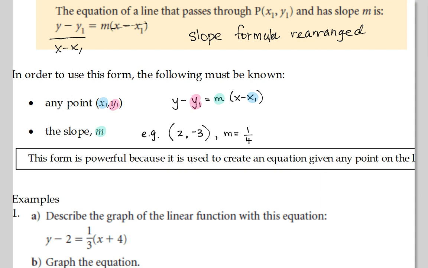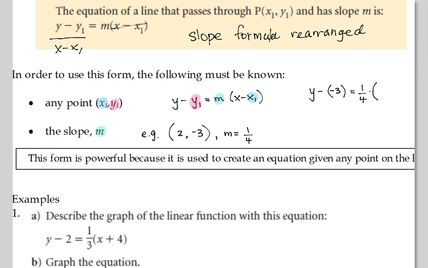All right, so what do I put in for the pink? What goes in there for the pink? Negative 3. So you go y take away negative 3 equals, what goes in for the light green there? The slope, which is 1/4. Now you open up a bracket.